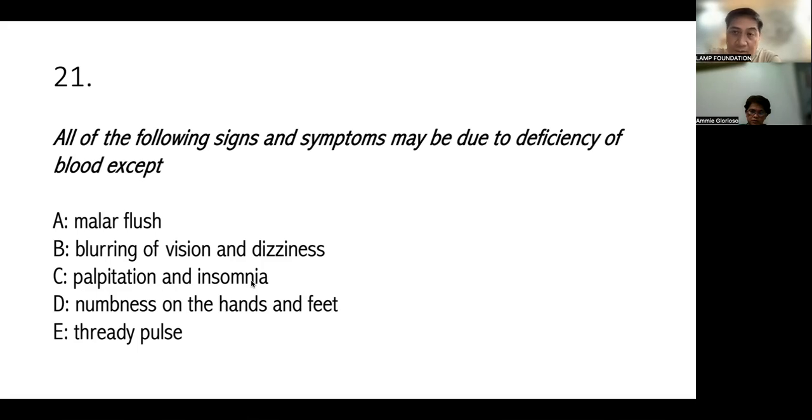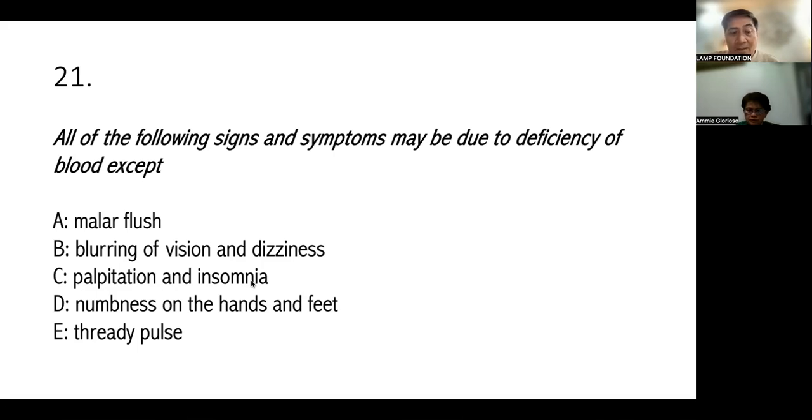So, pag si liver hindi makastore ng blood, ano mangyayari kay heart? Kulang din ng blood, right? Walang blood si mother organ. Hindi siya makapag-store. Mahina si liver blood, right? So obviously, the heart will have blood deficiency. Does it make sense?